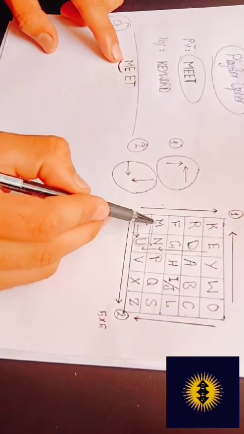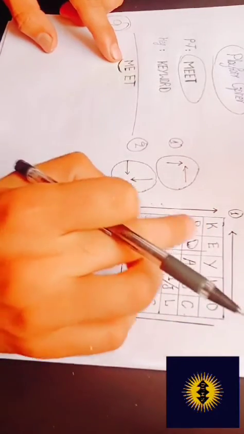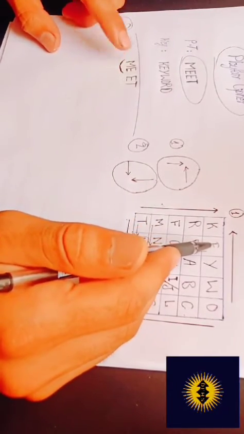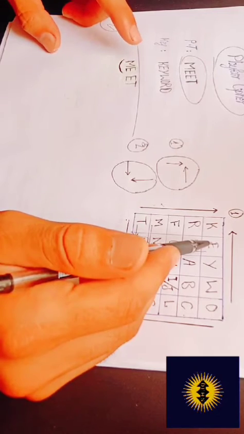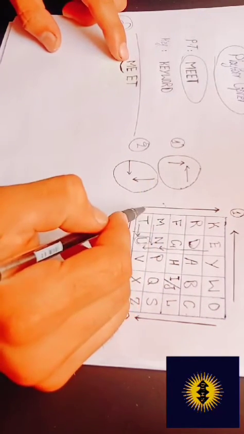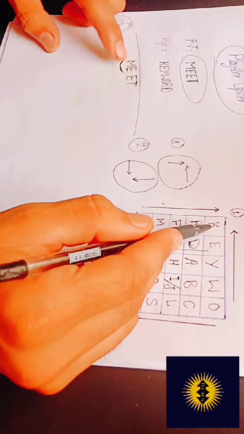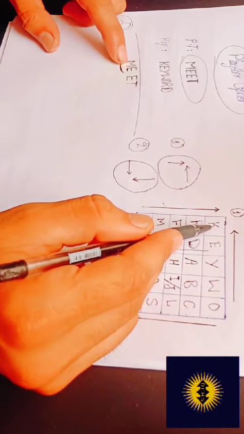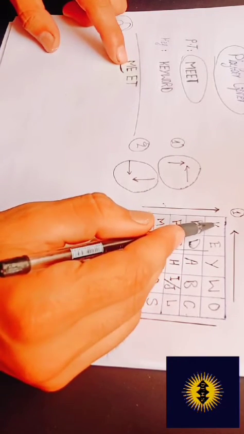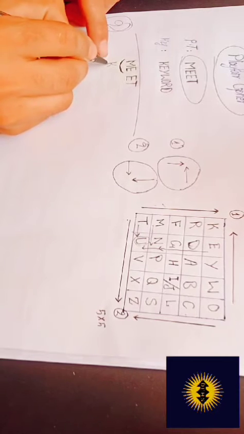This is M. After that E. This is E. Now ME is found. For finding M, we follow the first rule. From down to up, K, and from right to left, E, from right to left, K. So our letter is K.